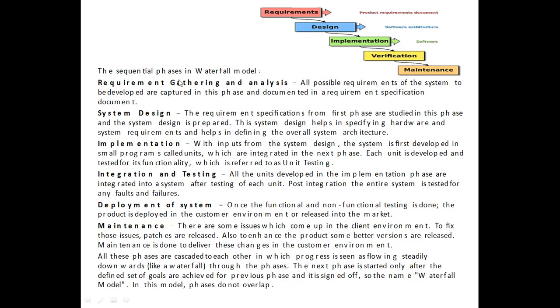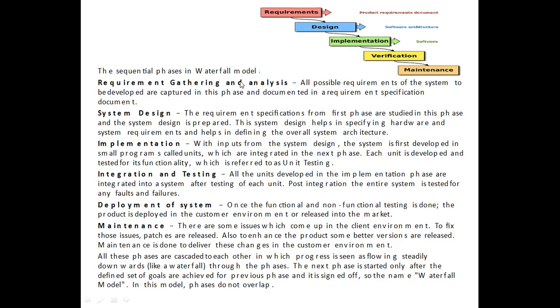Okay, the linear sequential phases in the waterfall model are requirement gathering and analysis. See here, this is the first phase. Here, requirement gathering and analysis will happen, and system design is the second phase. Afterward, implementation, verification, maintenance. We will study details about these phases.